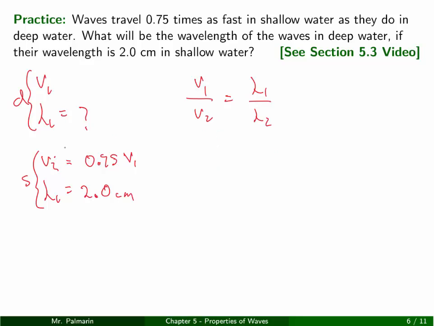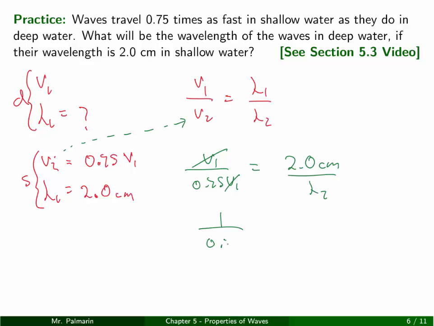Watch what happens if I substitute this in. If I substitute this in for v2, I have v1 over 0.75 v1 equals 2 centimeters over lambda 2. Check this out, a cancellation. Cancellation occurs, so you're left with 1 over 0.75, which is just some number.